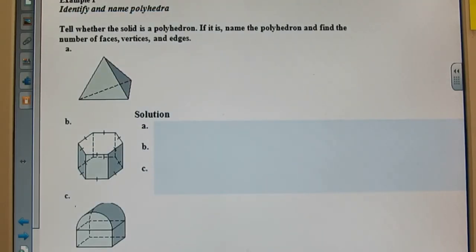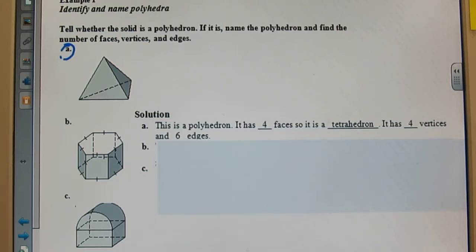This is on your worksheet that you should have printed out. It says tell whether the solid is a polyhedron. If it is, name the polyhedron and find the number of faces, vertices, and edges. Our first one, A: I can see that this is a polyhedron. It has 4 faces, so it's a tetrahedron. It has 4 vertices and 6 edges.